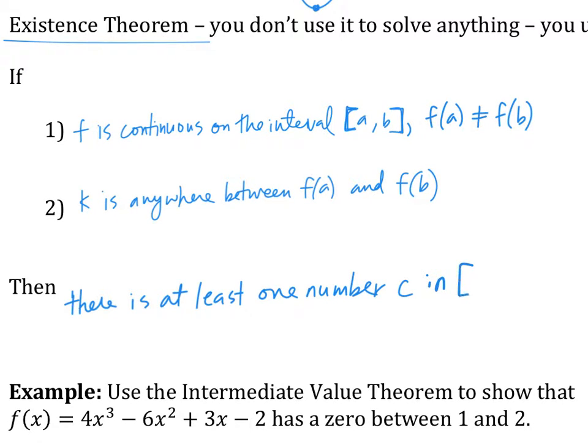There must be at least one number C. That C number is between a and b, so that f of C, meaning the y, is equal to k. K is that number in between the 2 y's that you want.